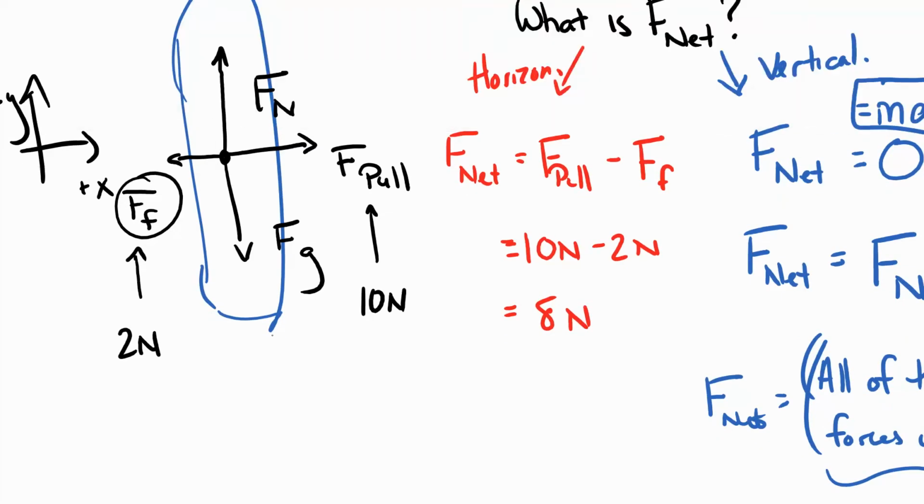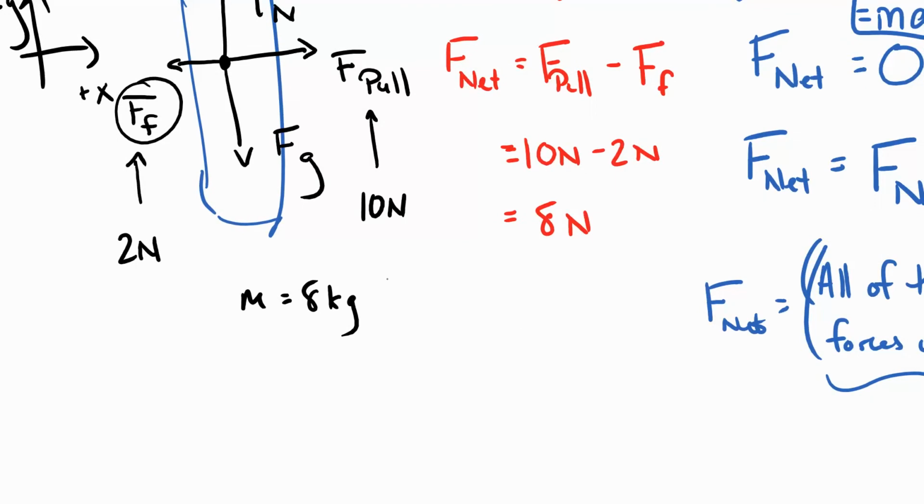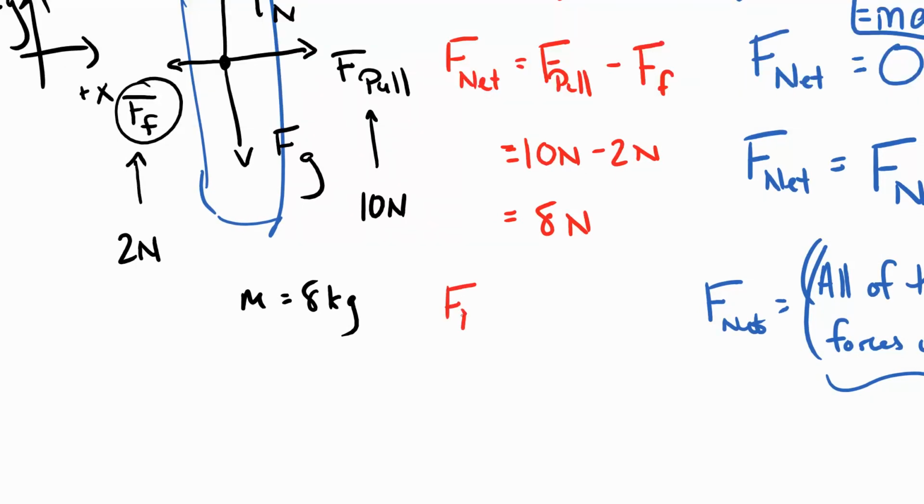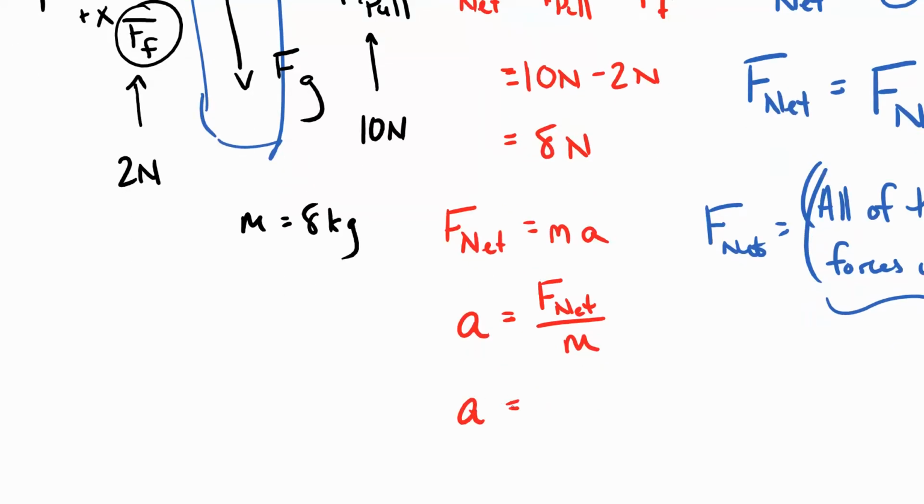From this, I might say something. Maybe the problem told me that the mass of the object was, very conveniently, 8 kilograms. I could say then that the net force, by Newton's second law, is the mass times the acceleration. So the acceleration of this object is the net force over the mass, 8 newtons divided by 8 kilograms.